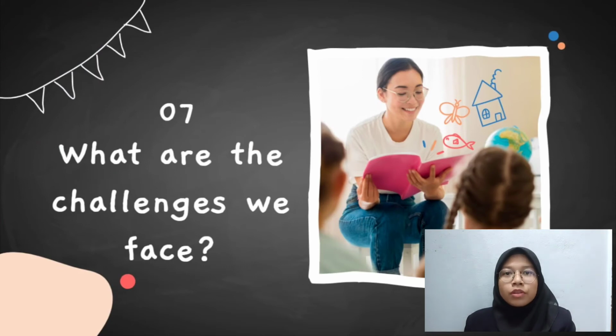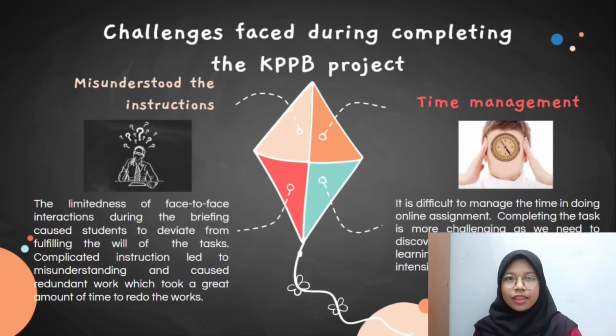Now, move to the next part, which is what are the challenges we face. The first challenge that we faced is we always misunderstood the instruction given. During the process of completing the KPPB project, there are some problems in understanding the given assignment tasks and instruction.